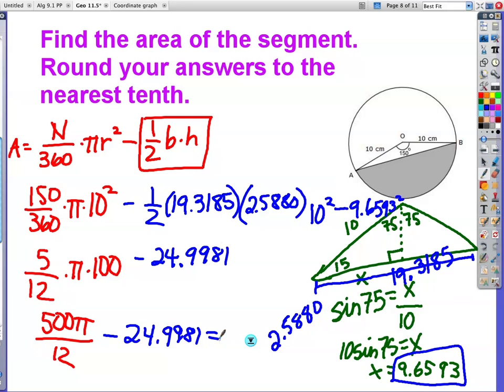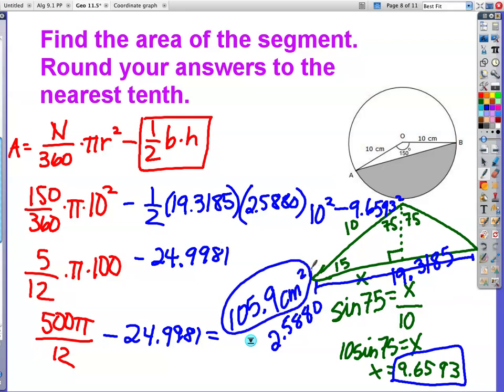I get, by the way, 130.8997, and then I subtract out my 24.9981. I better check my answer that I previously worked on. I am getting 105.9. Okay, and my label should be centimeters squared.